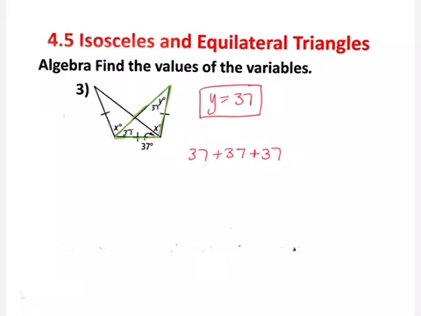And the only thing missing would be the plus x, and then we could set that triangle equal to 180. So here we've got 111 plus x equals 180. We'll subtract 111 and we get x to equal 69 degrees. So we've got y to be 37 and x is 69 degrees.